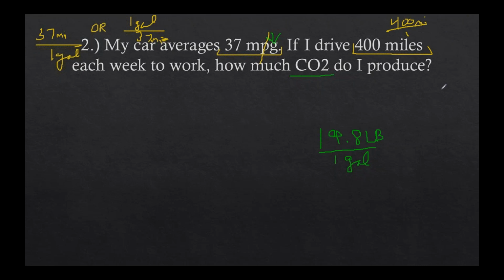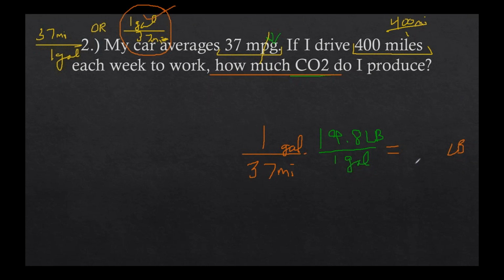So when I'm looking at this problem and I say, okay, the question again is how much CO2, so I know my final label is going to be pounds. When I'm working backwards from my green ratio, I have to get rid of gallons. So I'm going to use this ratio because that puts gallons in the numerator. So 1 gallon to 37 miles. That takes care of that.